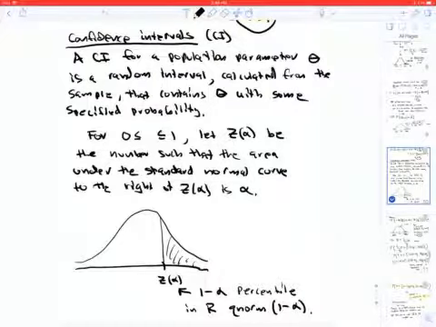Okay, and Z alpha is the area to the right. So this area here is alpha, and this area here is 1 minus alpha.